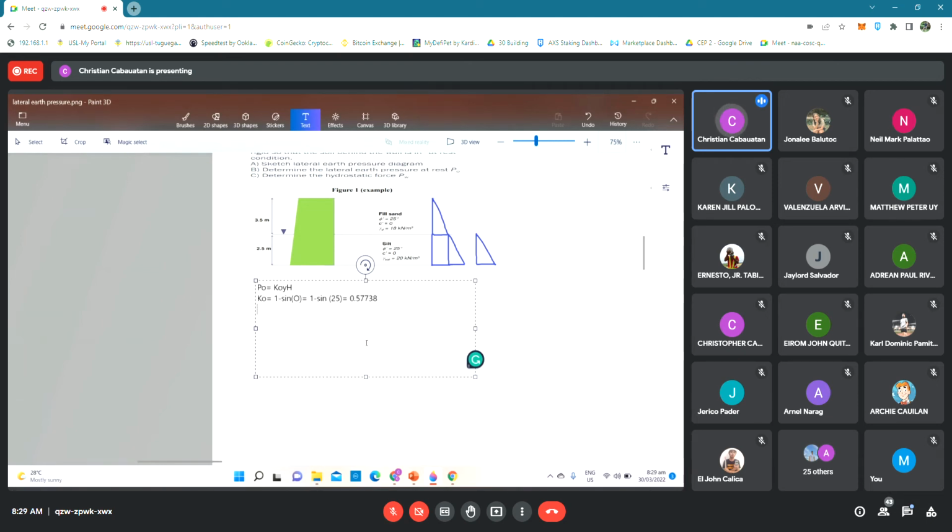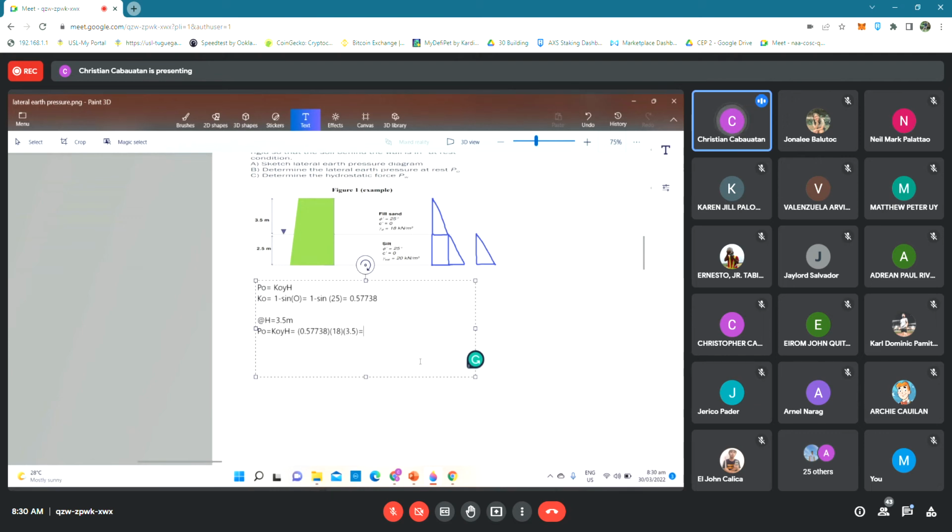So, at the first layer, at height H equal to 3.5 meters, your PO is equal to KO gamma H. So, your KO would be 0.57738 times your gamma, which is 18 kilonewton per cubic meter, and then your H, which is 3.5.